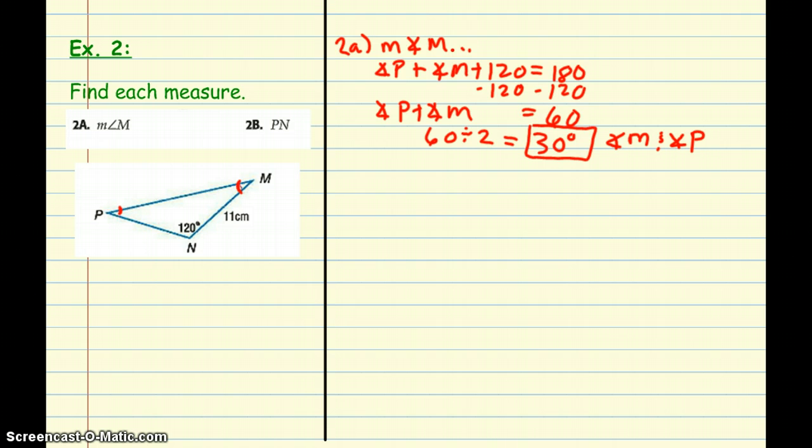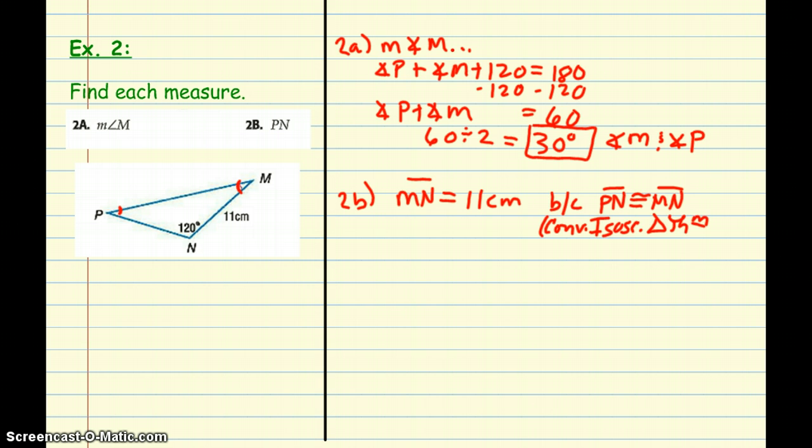Okay, in 2b, now we have to find the measure of side, or the length of side PN. In this diagram, we are told that MN is equal to 11 centimeters, and we know that PN is going to be congruent to MN, and that's because of the converse isosceles triangle theorem.